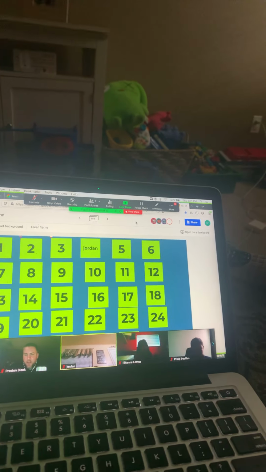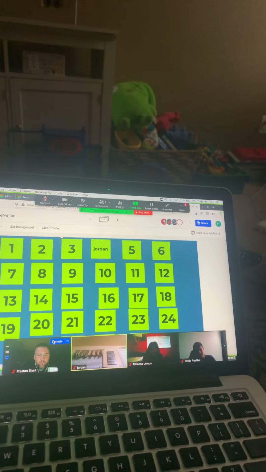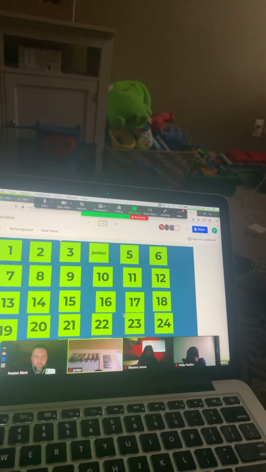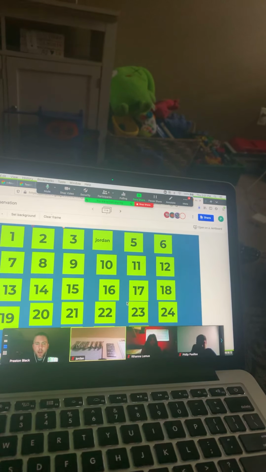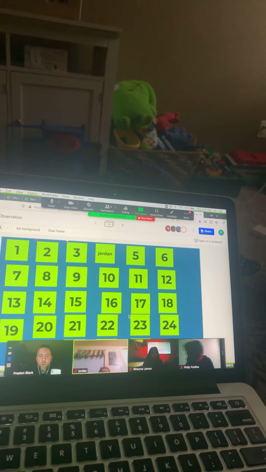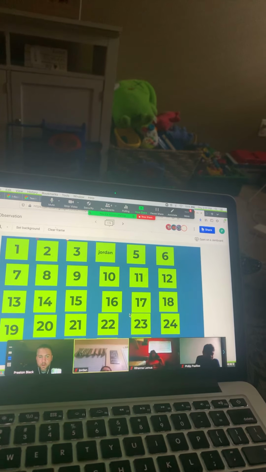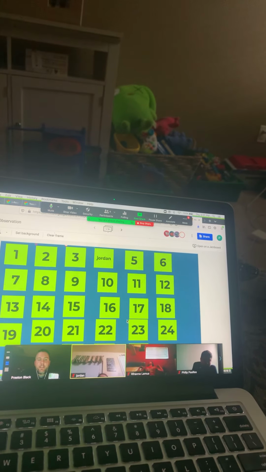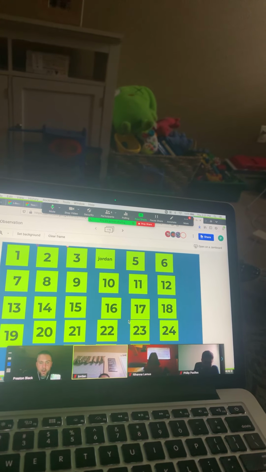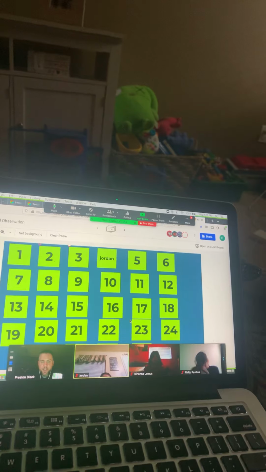Okay, and on your sticky note, I want you to tell me, how does the slope and rate of change compare to each other in a linear function?